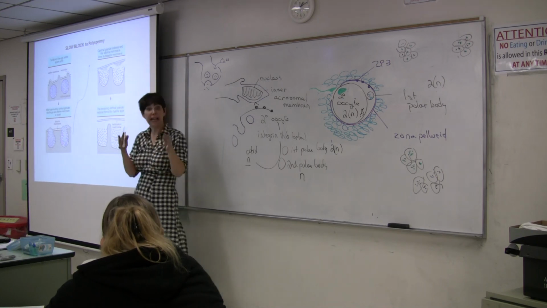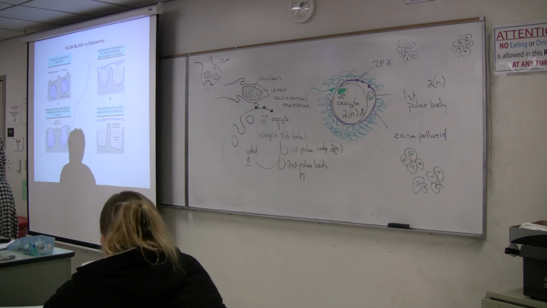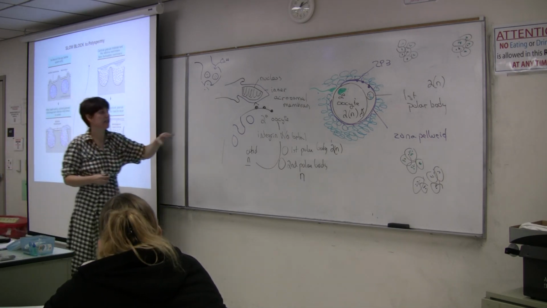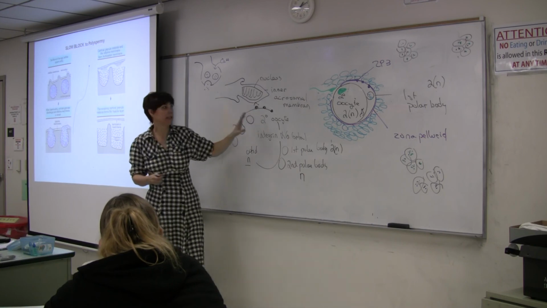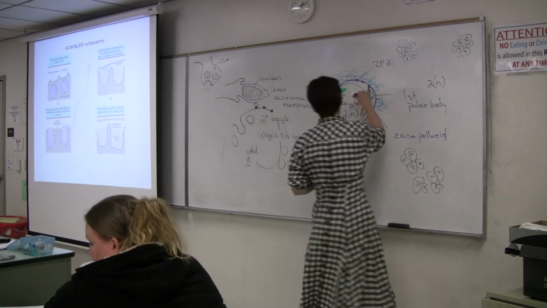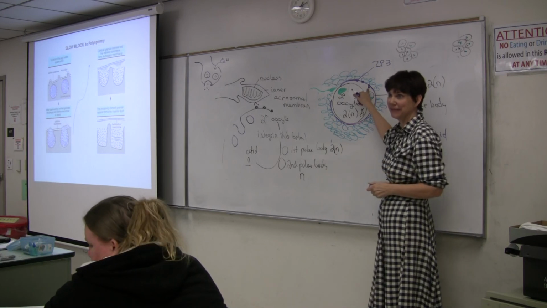So we have two mechanisms for preventing sperm from entering the egg. The quick one stops sperm from actually binding to the egg membrane itself. The slow one stops sperm from binding to the zona pellucida, or being able to get through the zona pellucida.